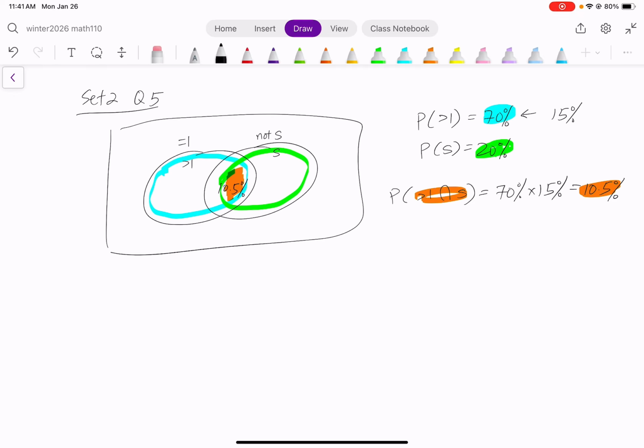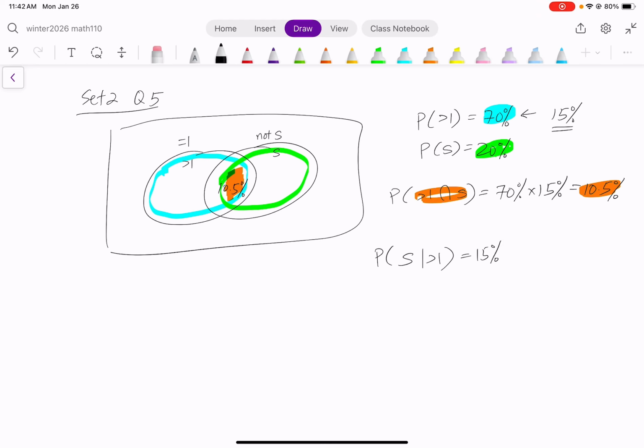Now, why we have this question within this particular section is because this 15% is a conditional probability, which says that given it has more than one car, the probability of a sports car is 15%.